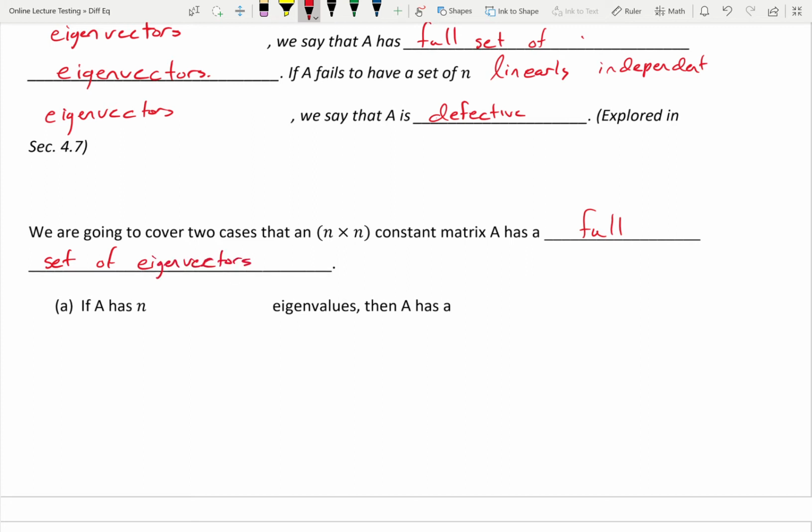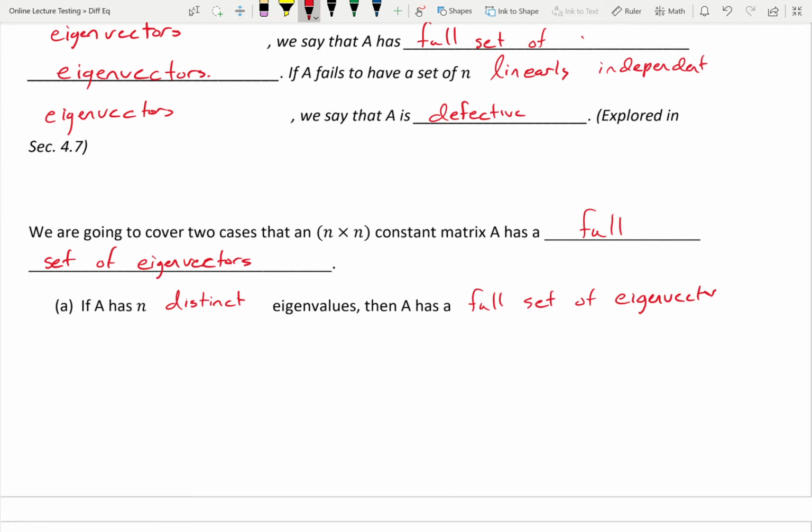And some of this is going to be stemming off of what we found out in linear algebra. Okay, and the nice thing is we are going to talk about what that means. So if A has n distinct eigenvalues, then A has a full set of eigenvectors.